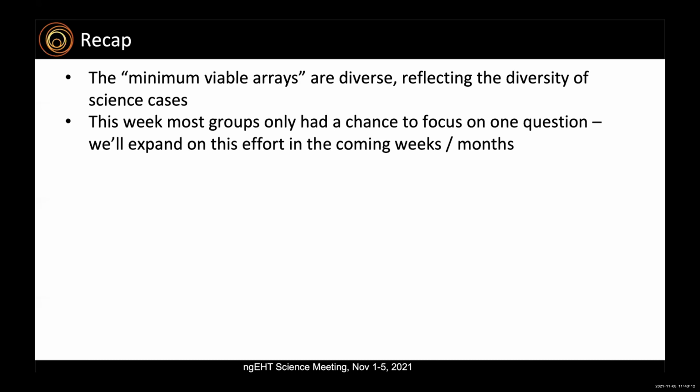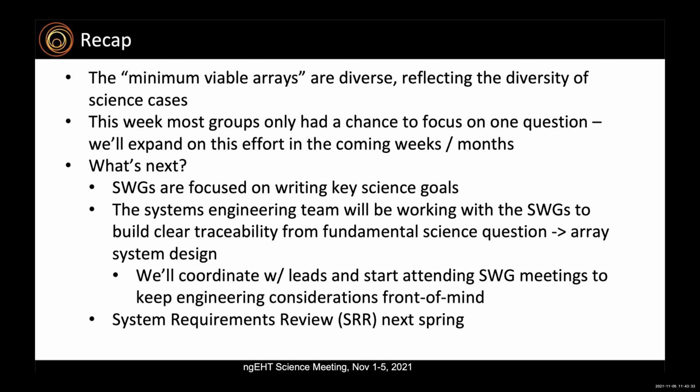So we will be expanding on this effort in the coming weeks and months, with the idea of getting closer to narrowing in on technical requirements. This is going to take some time to work through, but I think this whole exercise is a really good step to define specific areas that we need to follow up. So what's next?